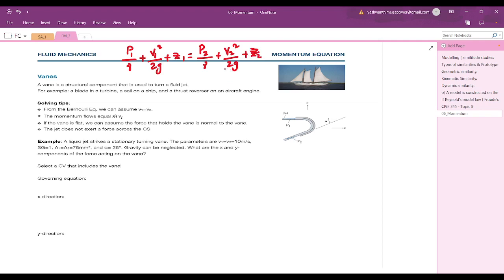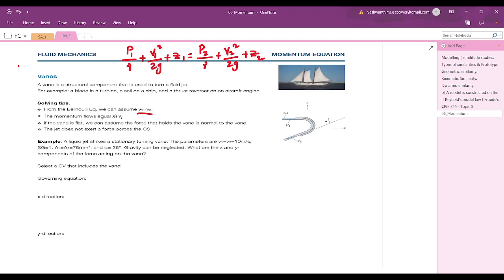So this equation, of course, I have derived and explained to you. Now in this equation, we need to assume V1 is equal to V2.